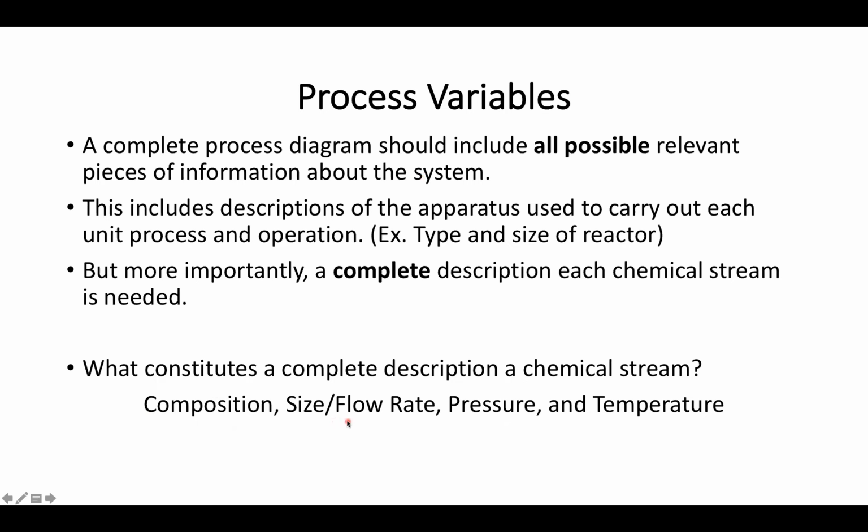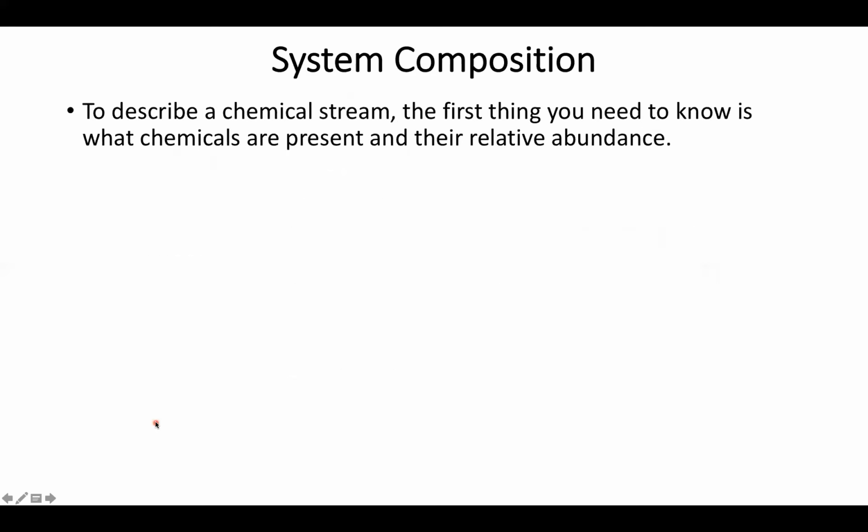So this is going to be a flow rate, volume per time being pumped through, but also things like pressure and temperature. When we put all of these variables together, that should constitute a complete description of the system. So the first thing we're going to really want to focus in on is the description of the composition of these systems. We're going to need to know what chemicals are present and their relative abundance.